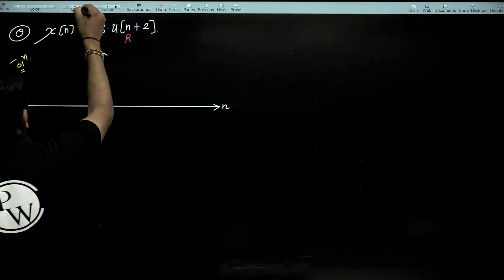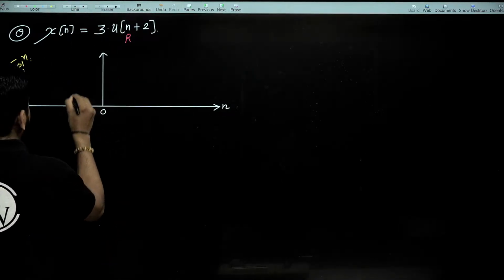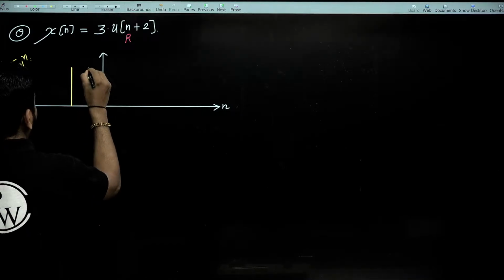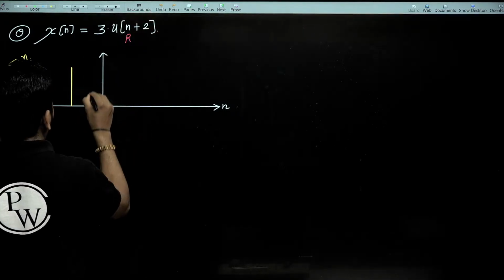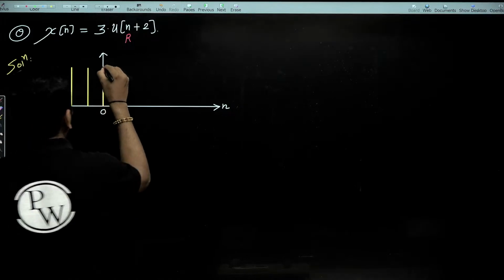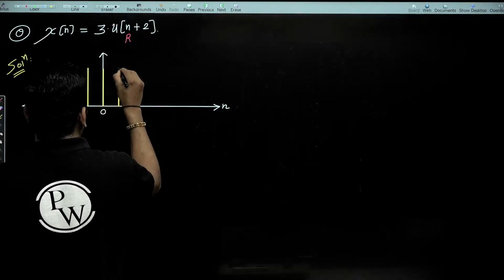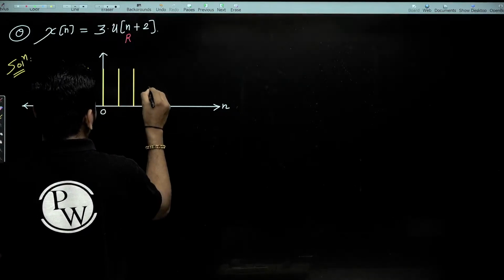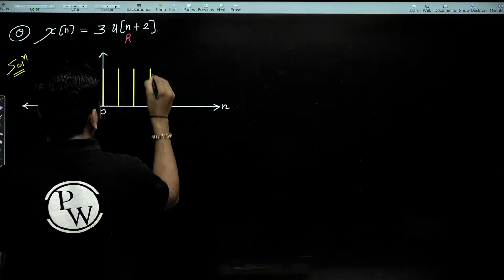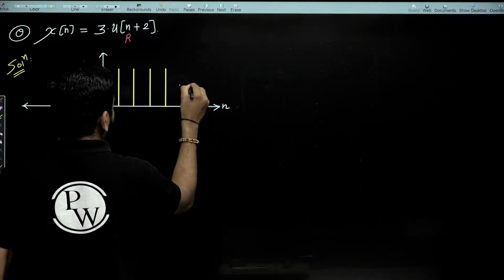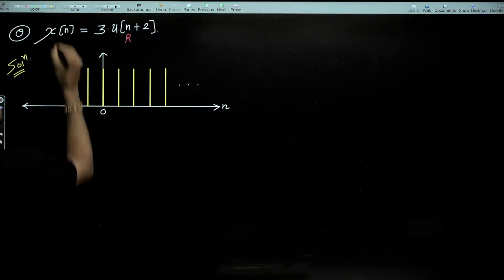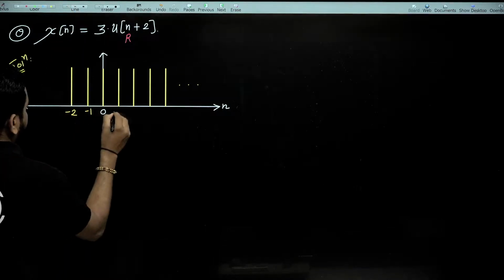So here it will start from n equal to -2, going right side, having amplitude 3. Right sided, starting from -2, opposite sign.